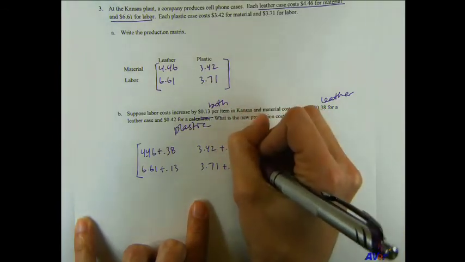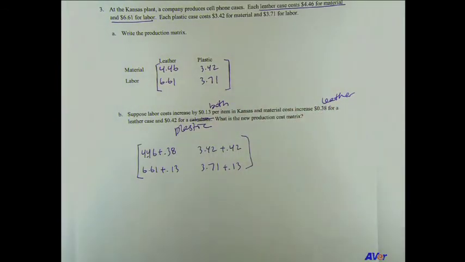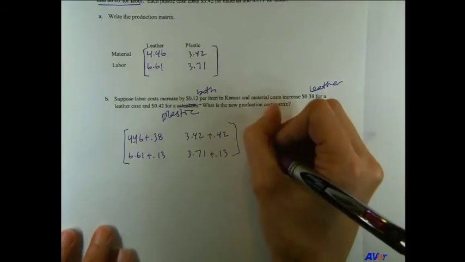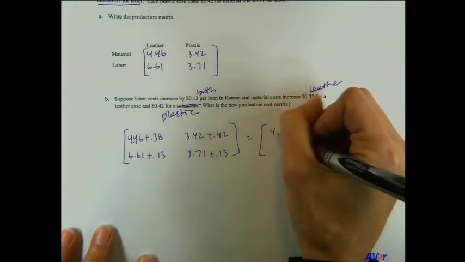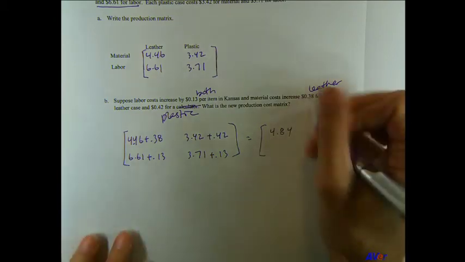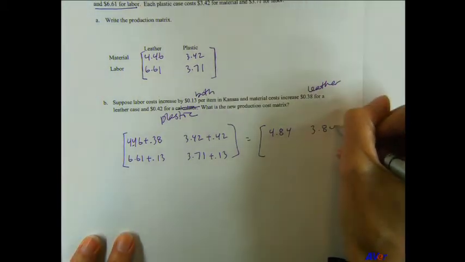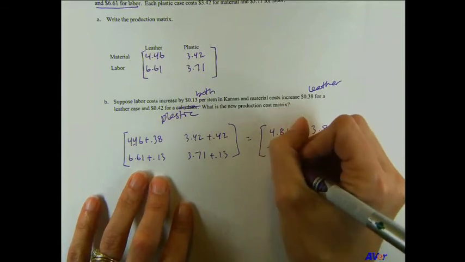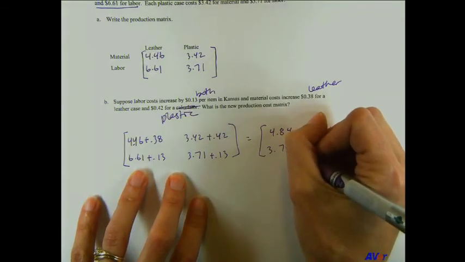I've got my calculator off to the side here to make sure I get these correct. I'm just adding inside each of those entries to get those values right. And we get 484. And then I'm going to do 342 plus the 0.42. It's really a matter of keeping everything straight. 384. And then as I add 13 cents, I get 3.74. I can do this one in my head.